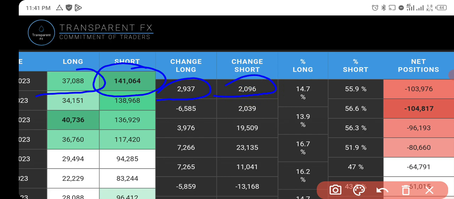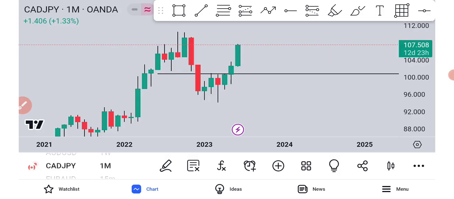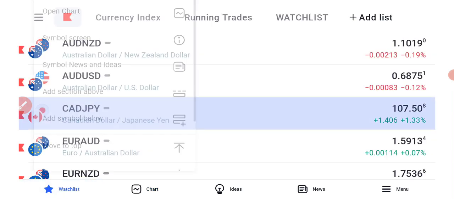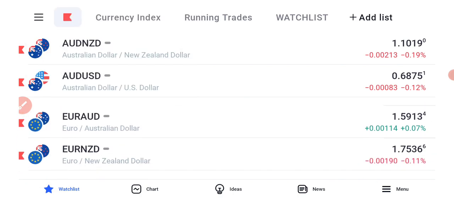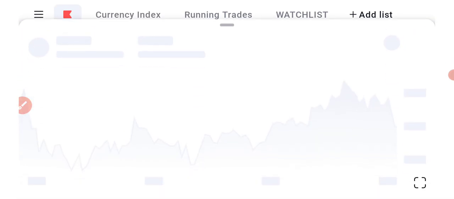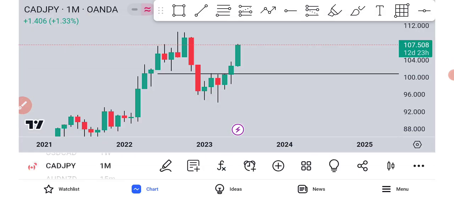Shorts are also added with the last report, and the currency is also weak. So this pair is invalid. Now these two pairs, CAD and JPY, they are two weak currencies. So I will be placing this trade from my fundamental perspective. I will be placing that trade. Now Euro AUD.